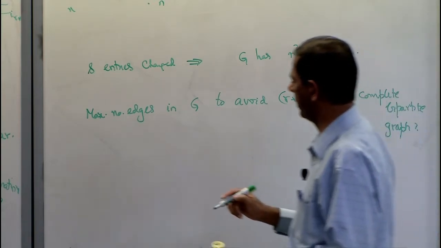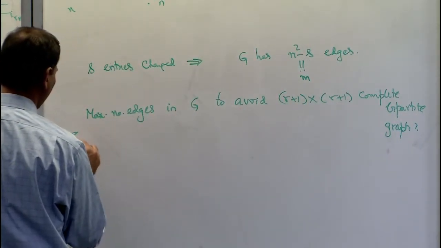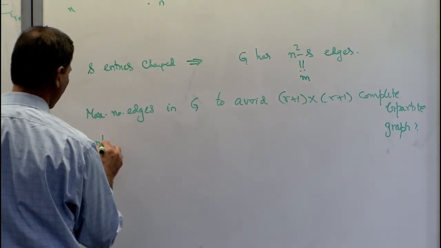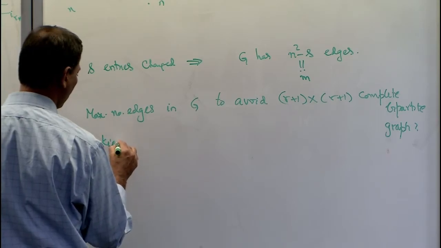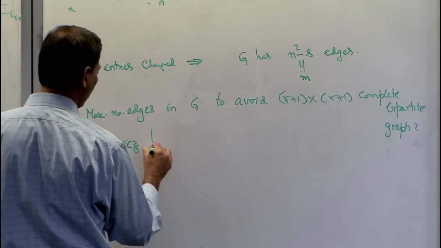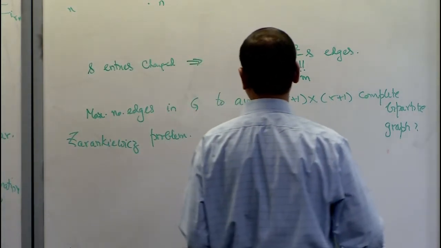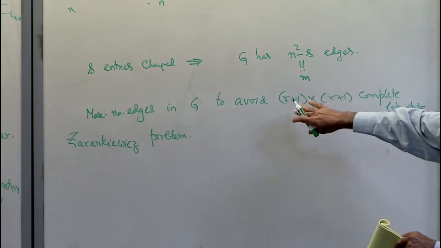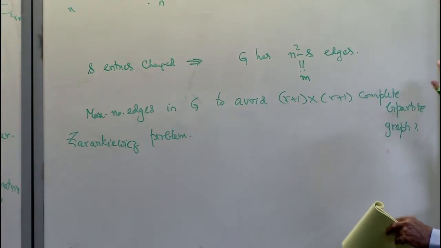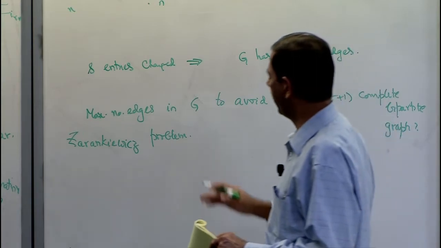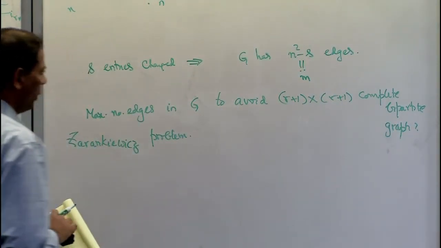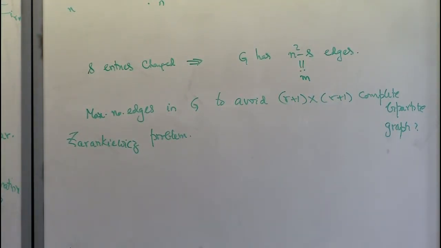So this is a well-studied question. It's called the Zarankiewicz problem, and in general not just for complete bipartite graphs of this shape. There is an upper bound known on the number of edges that a graph can have while avoiding such complete bipartite graphs.